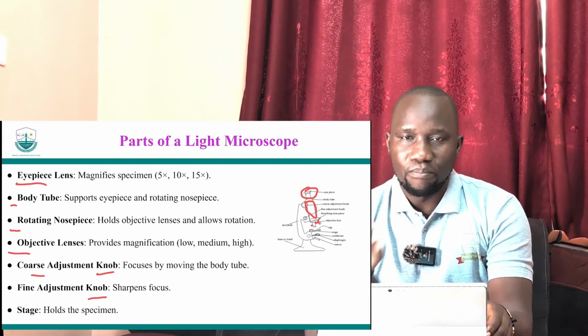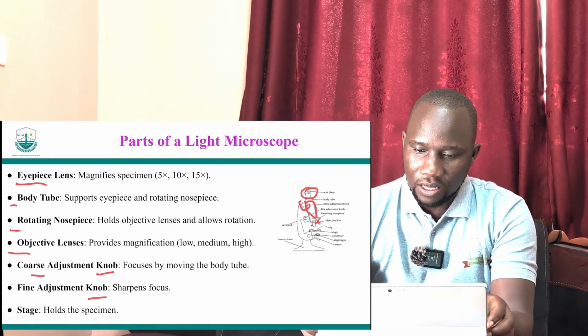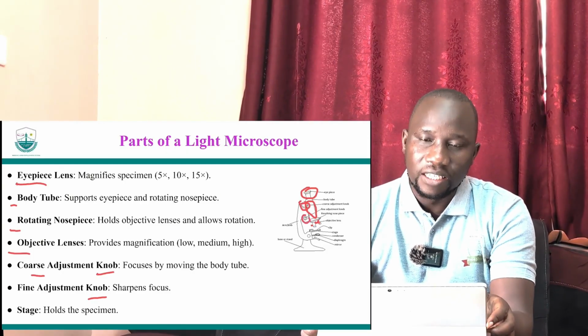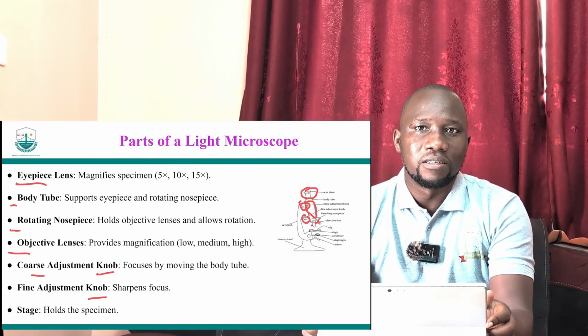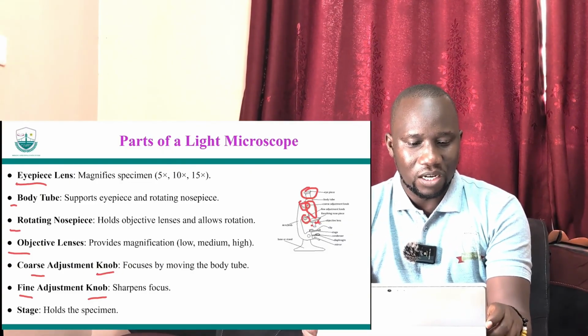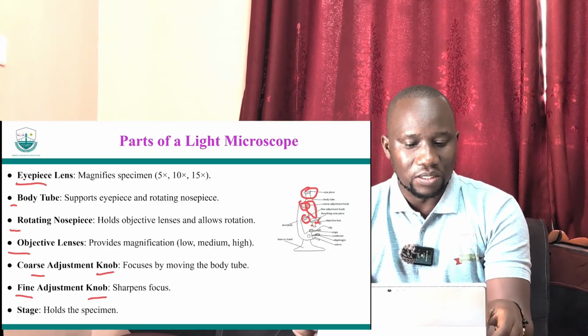The coarse is the one that appears bigger on the microscope, so it is this one here. The one which is small is the one we call fine. In biology, or generally in science, when we say fine, it means something that is small.